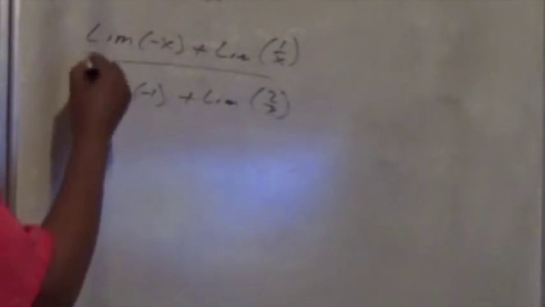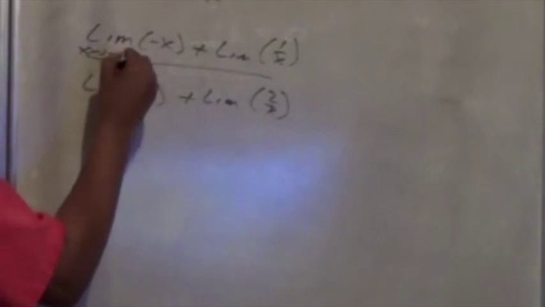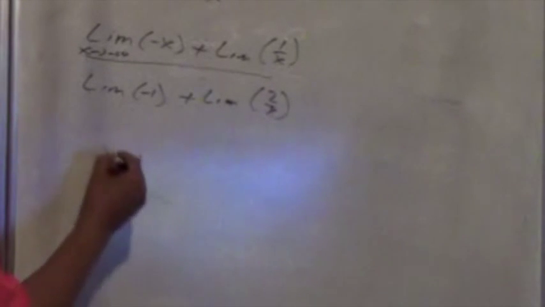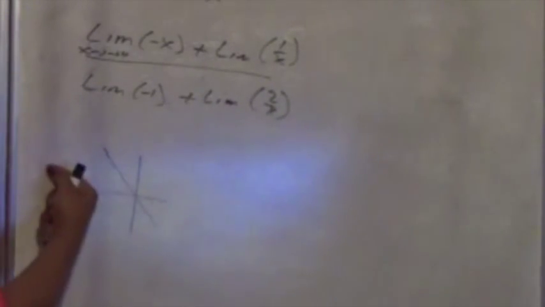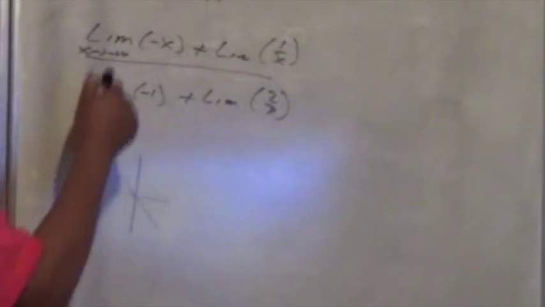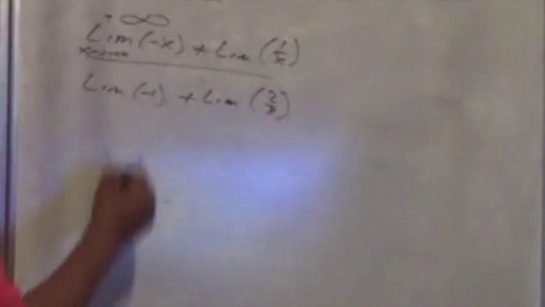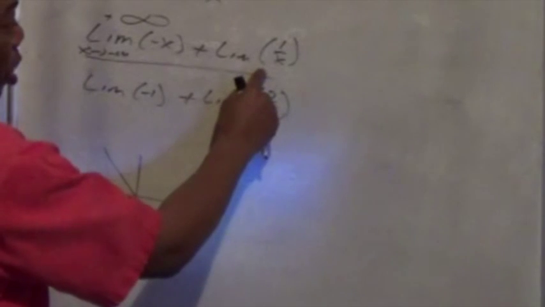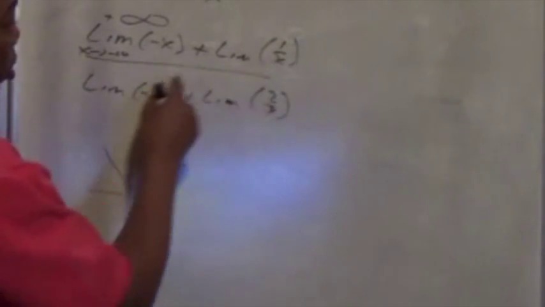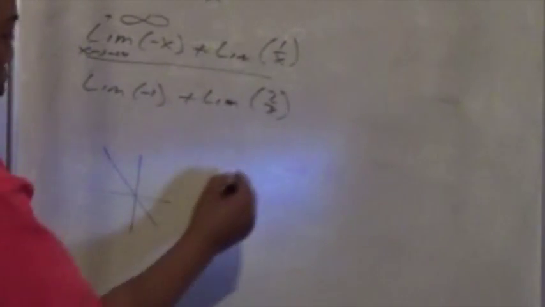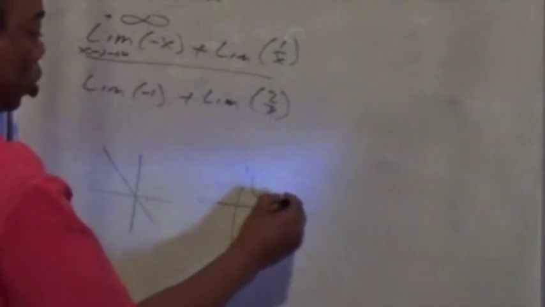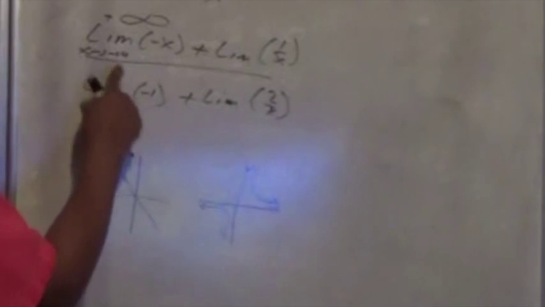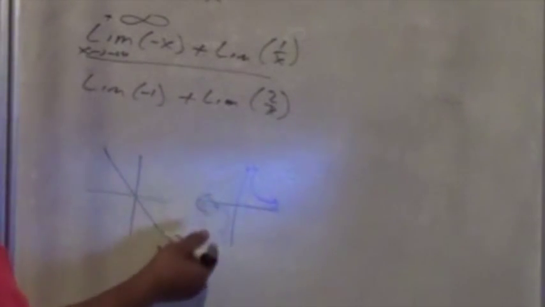Now, for all of these, x is going back to negative infinity. So for negative x, the function negative x looks like this. As I go backwards, this guy goes up to positive infinity. Okay. And here, this is for the function 1 over x, which looks like this. As I go back to x is negative infinity, back this way, I'm using negative numbers.